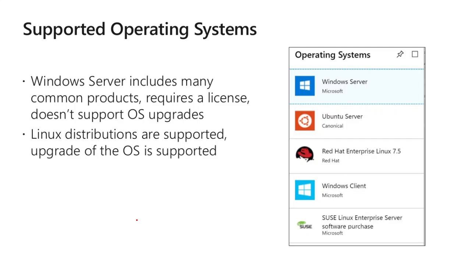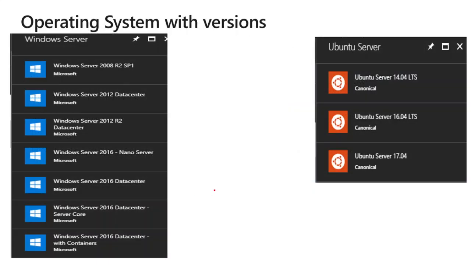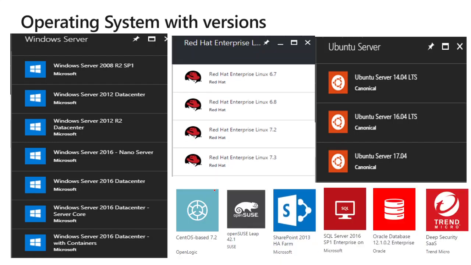Your application team will decide whether they want Windows or Linux, it's up to them. We are just going to deploy a virtual machine on the operating system. There are various Windows operating systems available, and Linux operating systems also available in different brands or flavors.